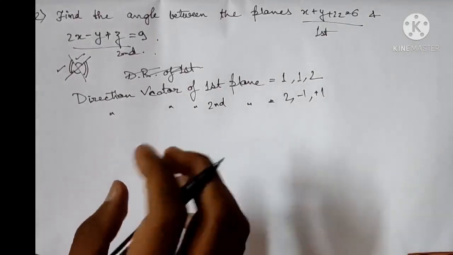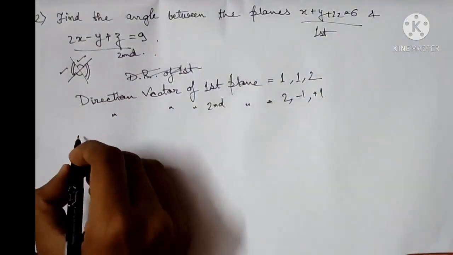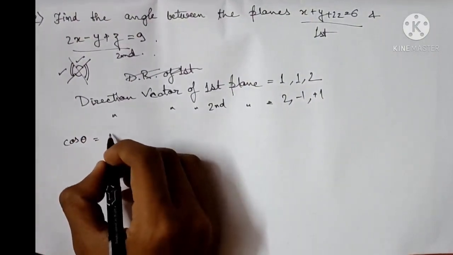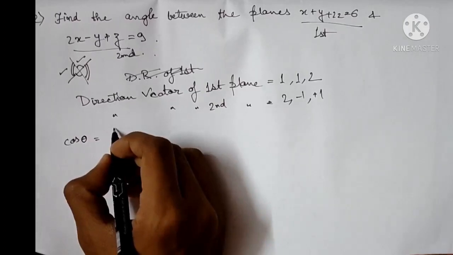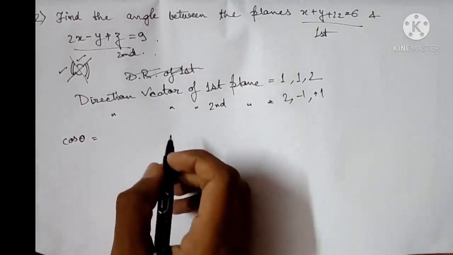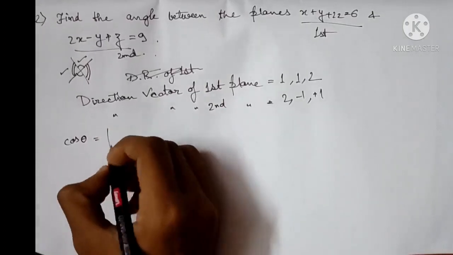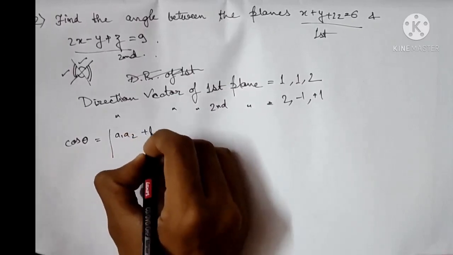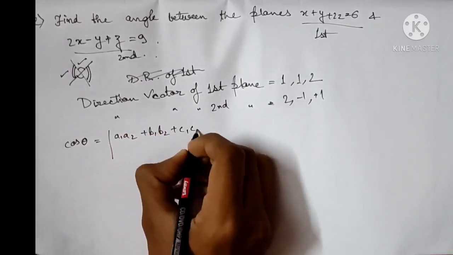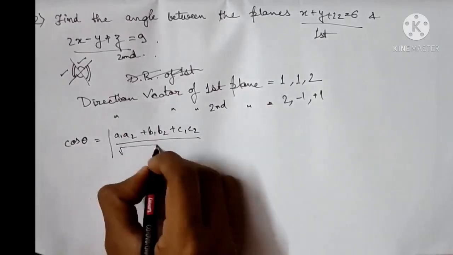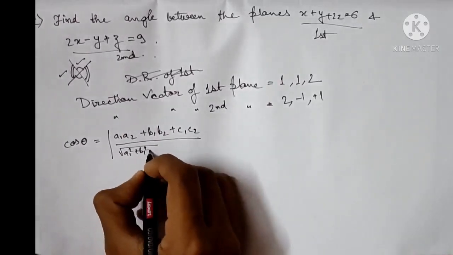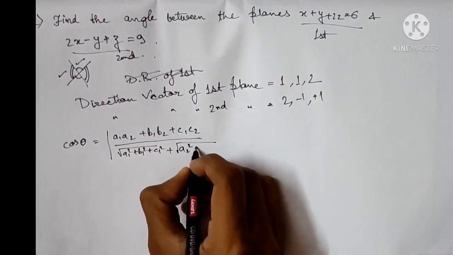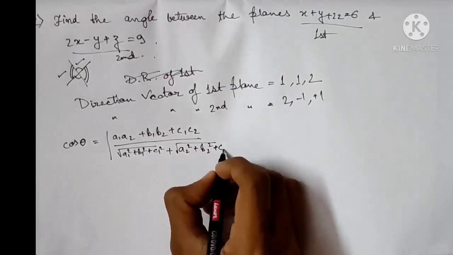Now we have a formula. Cos theta is equal to, we generally take it as mod, you also take it as mod, a1 a2 plus b1 b2 plus c1 c2 divided by under root a1 square plus b1 square plus c1 square multiplied by under root a2 square plus b2 square plus c2 square.